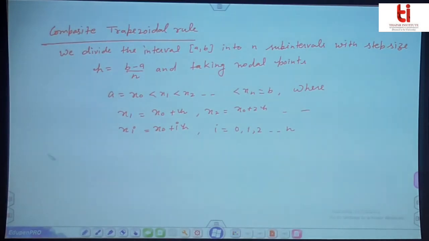Okay, so let us take the integration from a to b of f(x) dx. Just try to understand, this is the interval a to b.